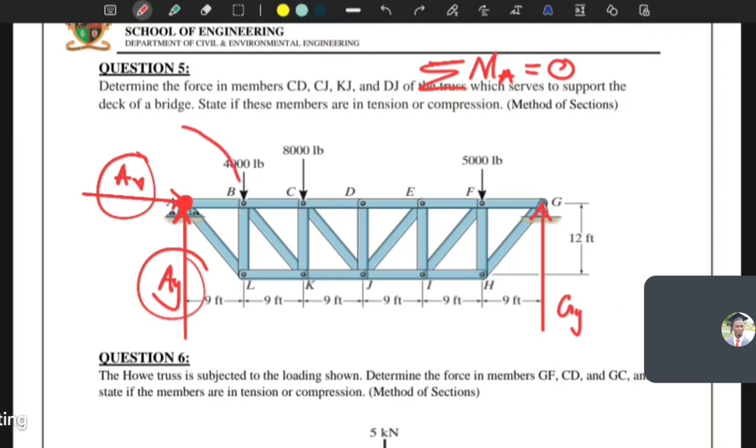This is going to cause a clockwise rotation. So I am going to have 4,000 times the distance, which has to be the horizontal distance from here to there, specified there. So clockwise, minus. Next, I have the 8,000, also causing clockwise, so negative as well.